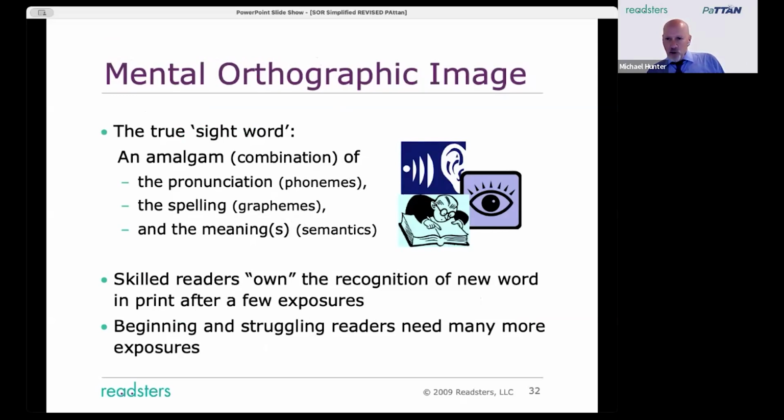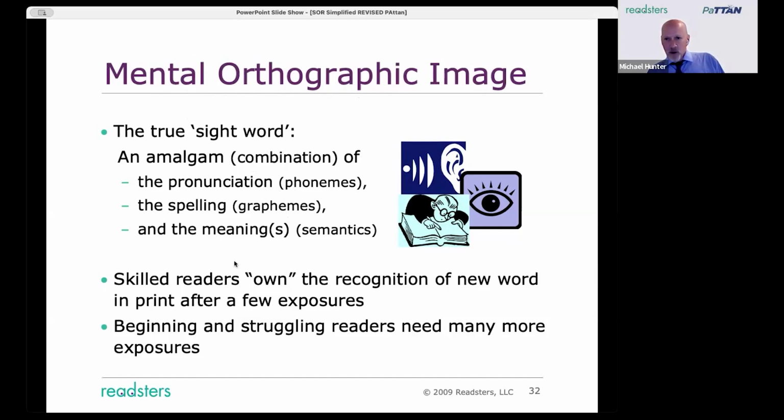And then if it's a word you know, you also map in the meaning, and you develop what the researchers call, it's an awkward term, mental orthographic image. And it really should be mental semantic orthographic image, because it's not just the print, it's also the meaning, and it's also the phonological. But it's the combination of the sound of the word mapped to the print of the word, tied to the meaning of the word, and you own that word after only a couple of exposures.